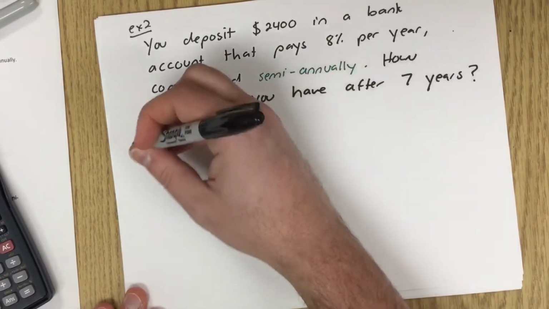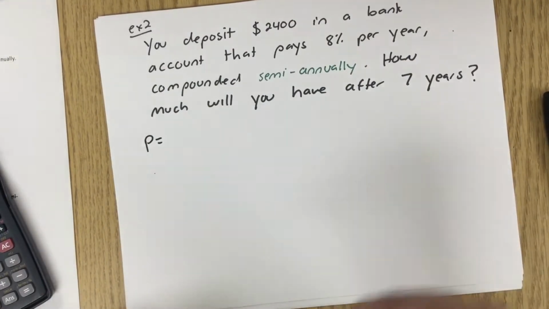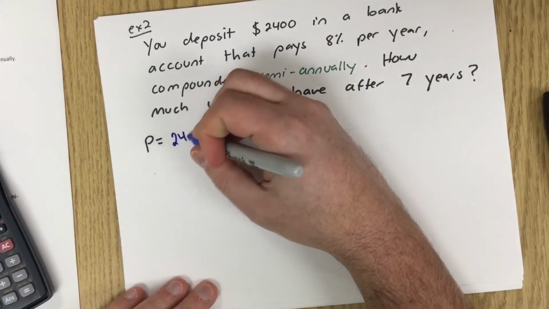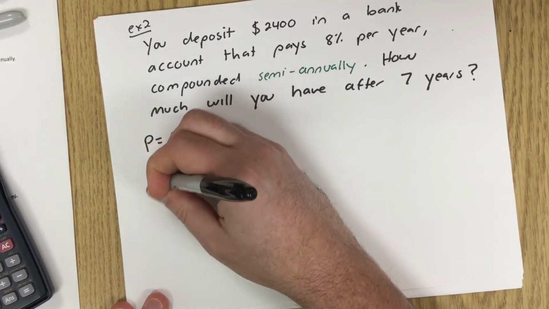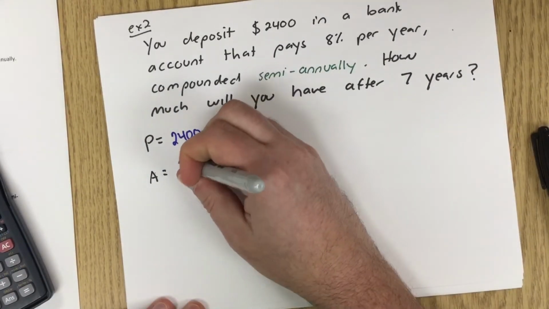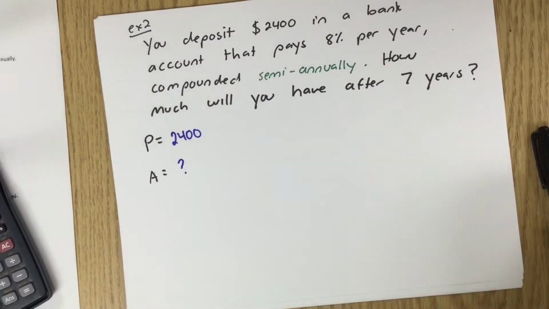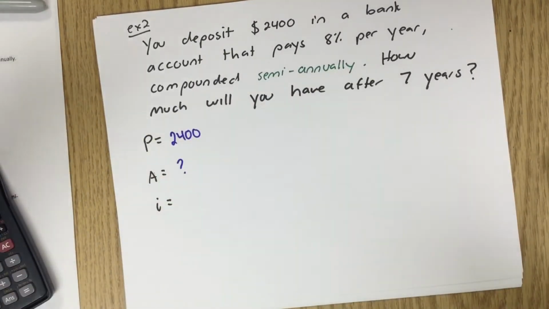So when we're doing our variables, the P, our principal, is still 2,400. Nothing changed there. And A is still unknown. Now we need the I, and the I is the interest per compounding period.